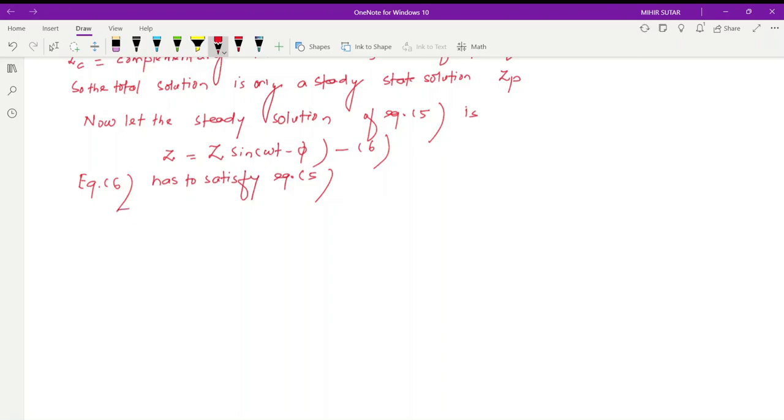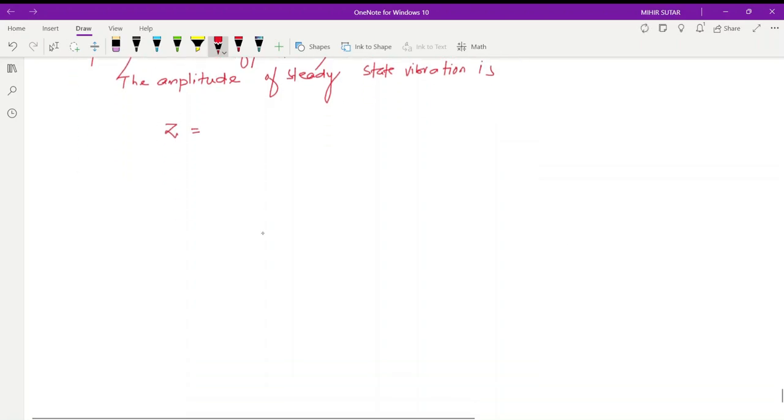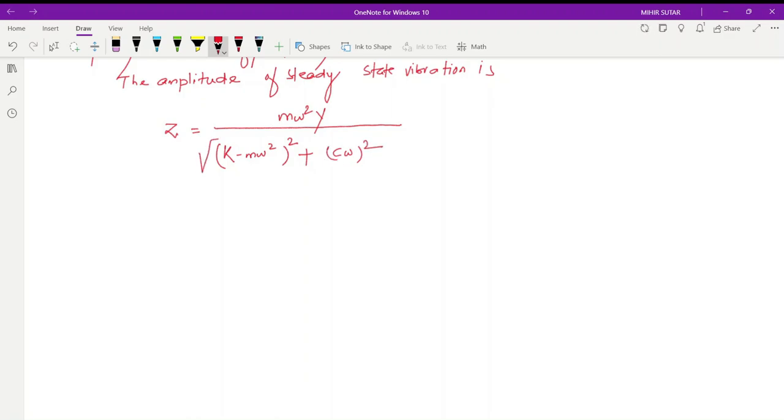The amplitude of steady state vibration is denoted by Z equal to m omega square capital Y divided by the square root of (k minus m omega square) whole square plus (c omega) whole square.